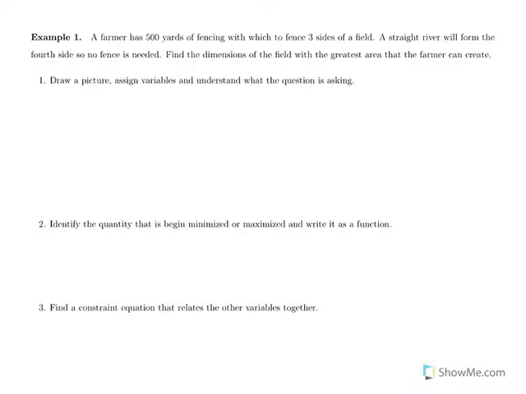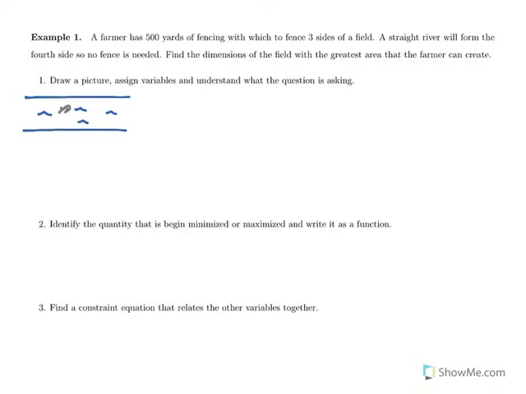So step 1, we're going to draw a picture, assign variables, understand what the question is asking. All right, so there is a river here. It's a beautiful river. Maybe there's a little fish coming out of it. Whatever, it's a river.